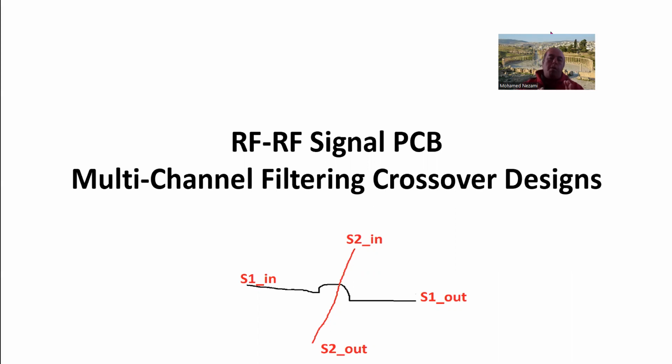We started way back from defining a microstrip type via transition as a jumper or as a crossover, and then we went on to other crossovers that utilize multi-layers and the zigzag in between top and sublayer and bottom, transitioning from strip line to microstrip line and back to strip line and so forth. And then we covered one packaged crossover, and today we're going to be covering multi-channel filtering crossover.